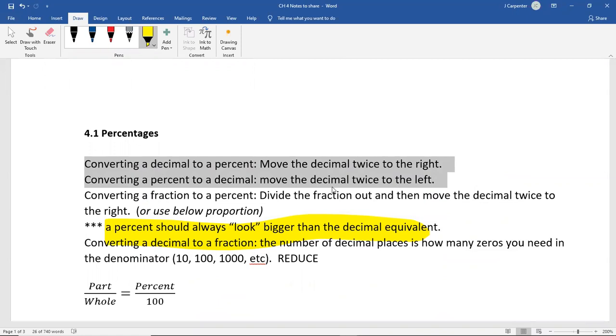So if you have something like 0.75 as a decimal, when you convert it, it's either going to be 0.0075 or it would just be 75 as a percent. And you go, was it supposed to be 75% or 0.0075%? Well, Mr. Beckner said the percent number should look bigger, so it's definitely the 75%. That would be a great way to remember things. It's worked for me for a long, long time.